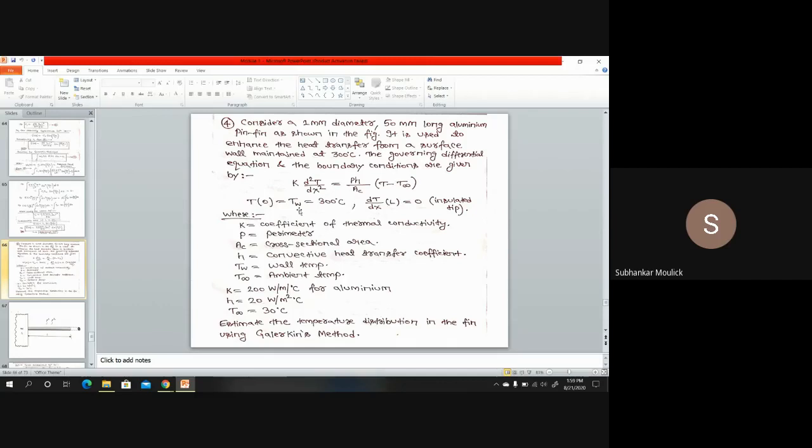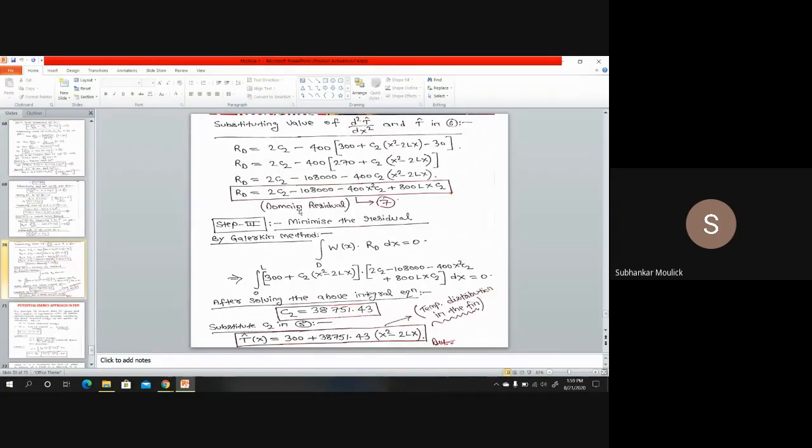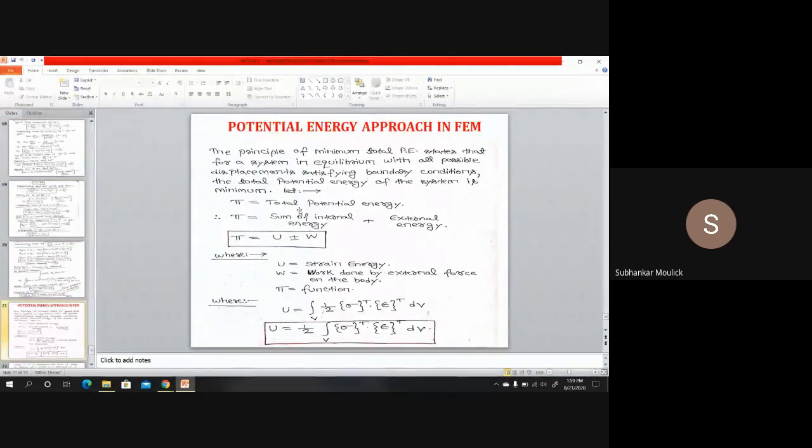Is it clear? Any doubt? Hello. Is the step clear? Difference between variational approach and the other approaches which we have done from the past few classes? Any doubt? Please respond once whether any doubt is there or not.